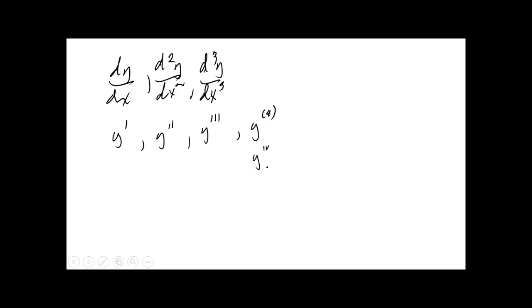I don't see that in many modern texts anymore, but if you ever see it, that's a derivative. 4 by itself would be power, 4 in parentheses is derivative. We're not going to do too many with those, but in case you run into them, you got them.